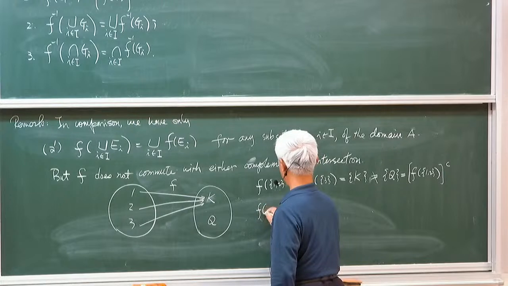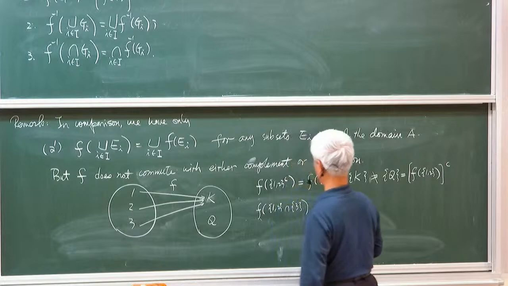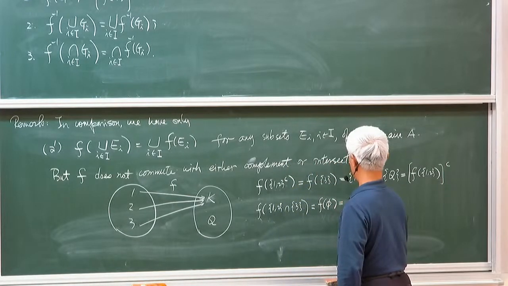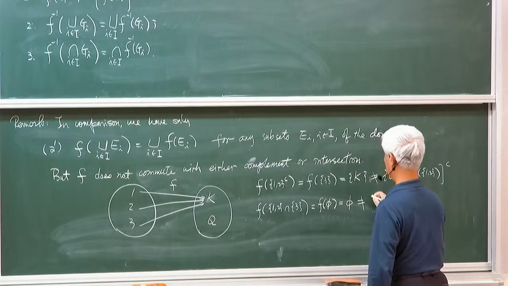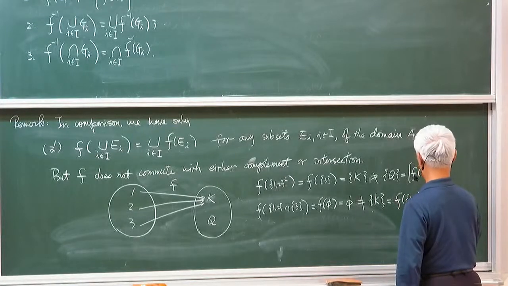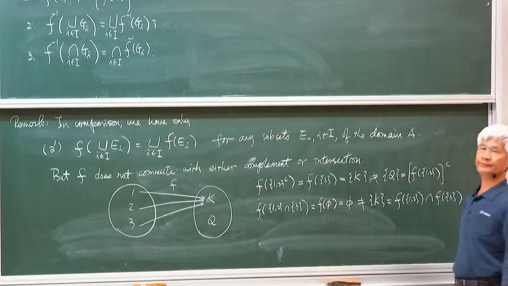Now, F of the empty set is the empty set, right? And this is not equal to K.